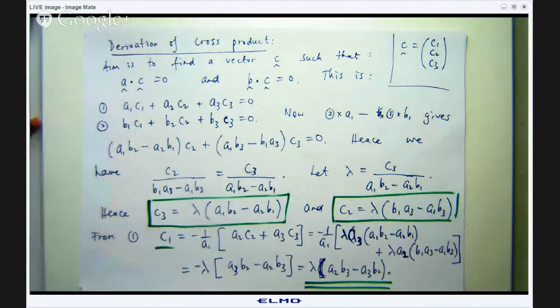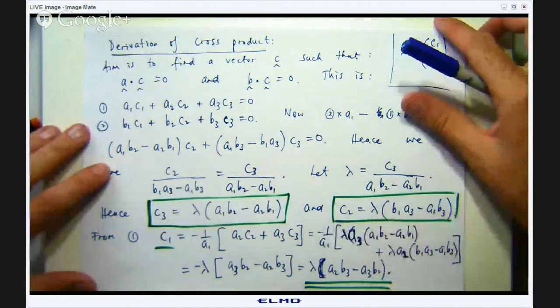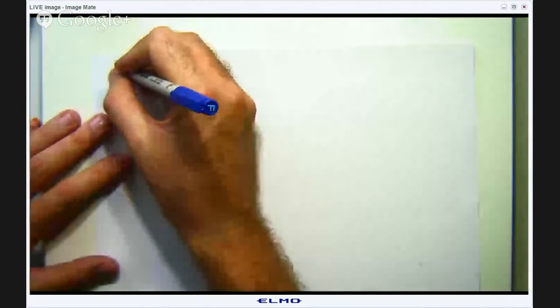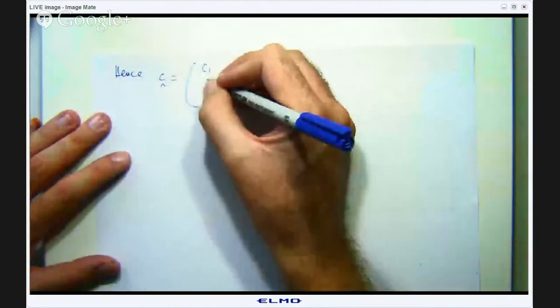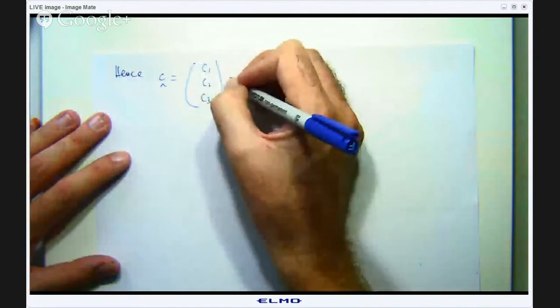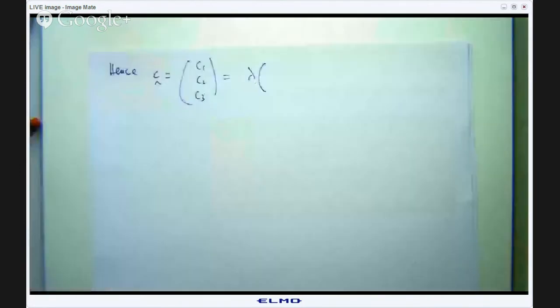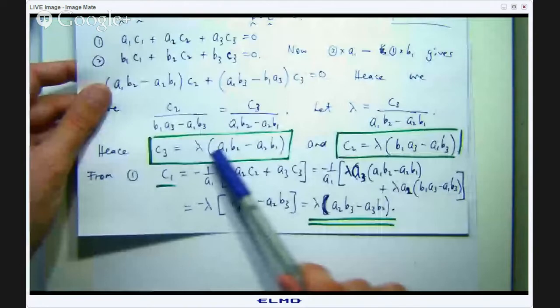Now this is true for every lambda. So we actually get a line for our solution. Let me just write that down now. Basically I'm taking out the common factor of lambda and writing these as a column vector.